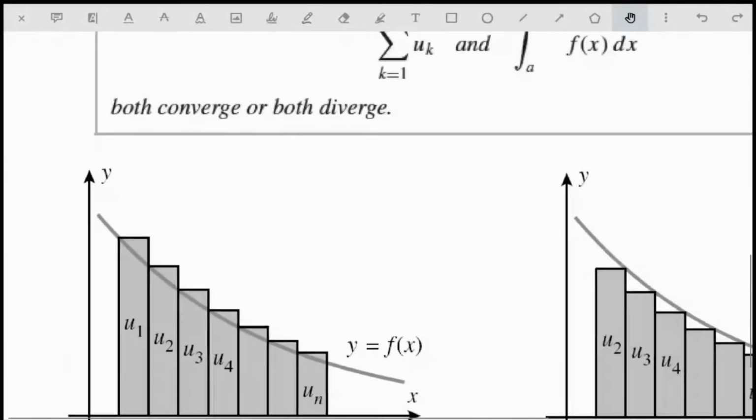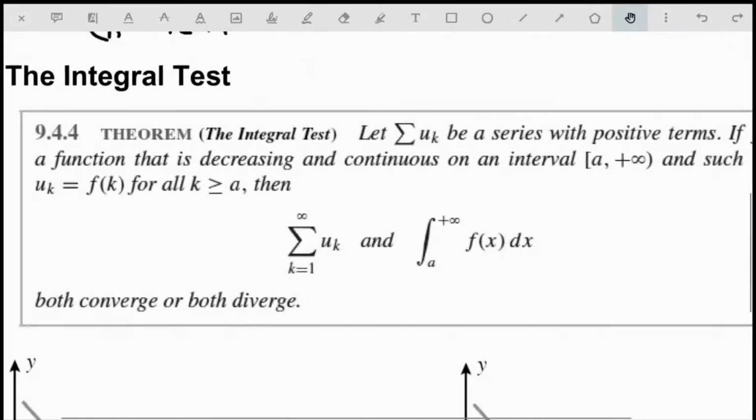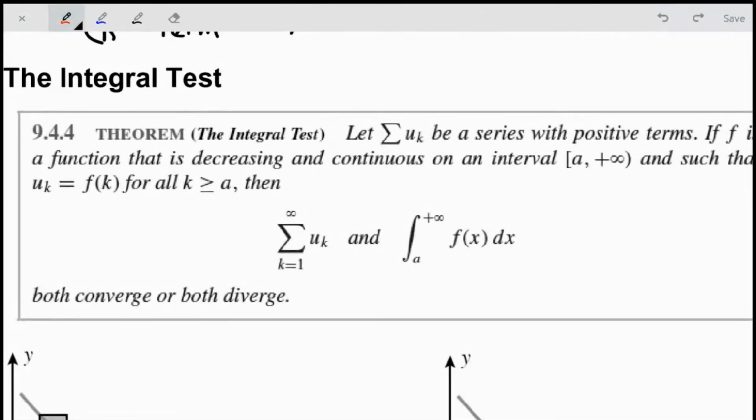So there is one thing that we have to be careful about when we use the integral test, and that is it has to be a function that is decreasing and continuous on the interval. So we have to start with typically positive terms because we're dealing with a series that we're trying to find convergence for. If all the terms were negative, you could just factor the negative out and turn it into all positive terms.